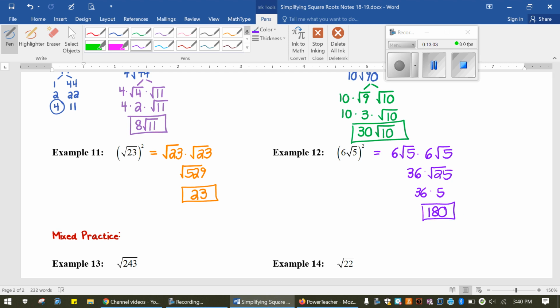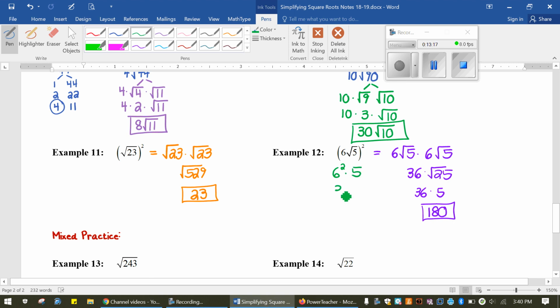Another way that you can do that is to say you're going to square the 6, and then the square cancels the square root on the 5, leaving you with just 5. And then 36 times 5 is 180. Okay, so either way works.